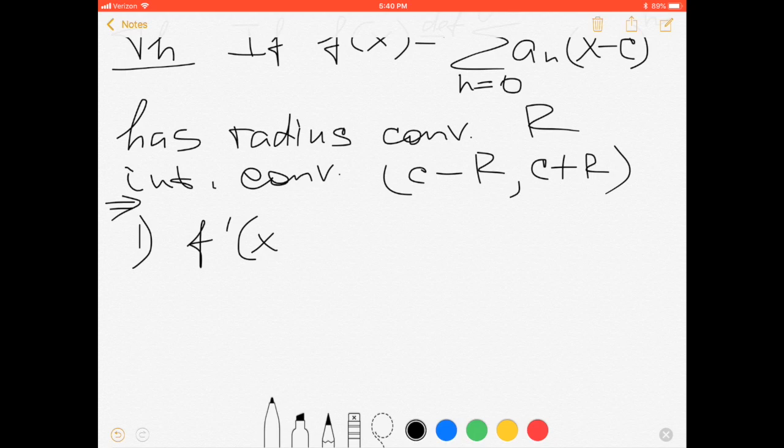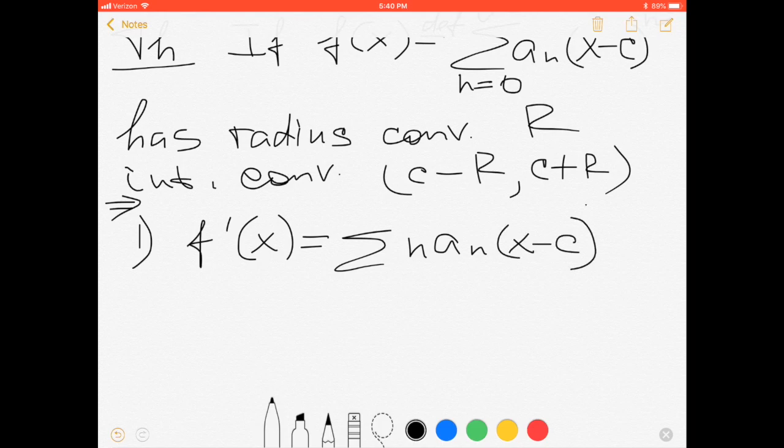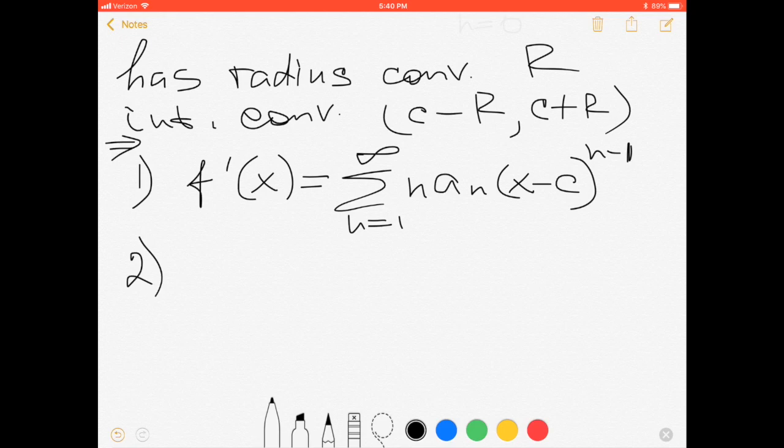The derivative will be, we take the derivative of each part, which means the sum of n a_n (x minus c) to the power n minus 1, where n changes from 1 to infinity. And the antiderivative, meaning the indefinite integral of our function, will be some constant.